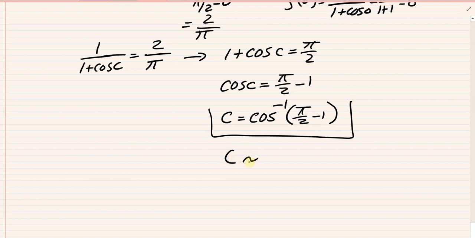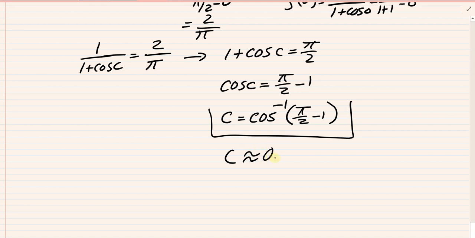And if you use a calculator, let me try it on my calculator here. Make sure we are in radian mode, okay? I'm in radian mode doing this. Inverse cosine, parentheses, pi over 2 minus 1, close parentheses, enter.